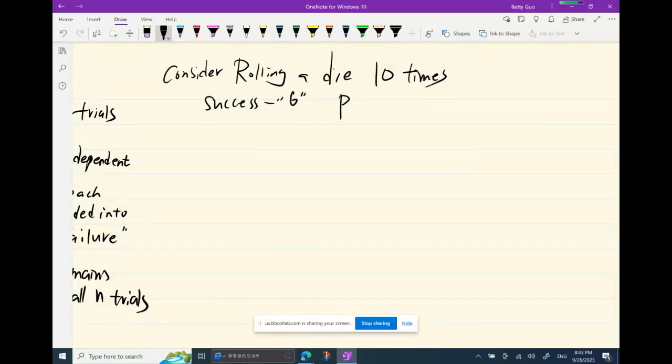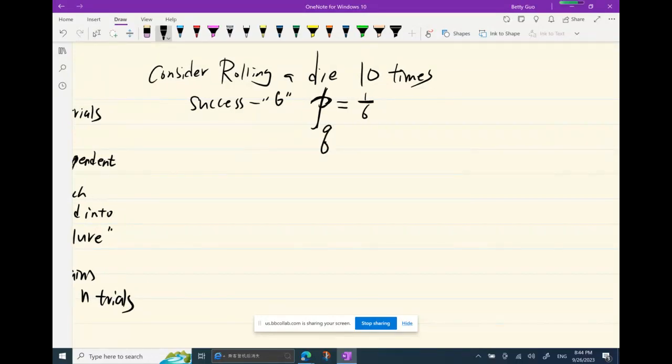What is the probability of getting number 6, the probability of success? This is lowercase p. Lowercase p represents the probability of success, which is going to be 1/6. All right, guys? Then we use q.